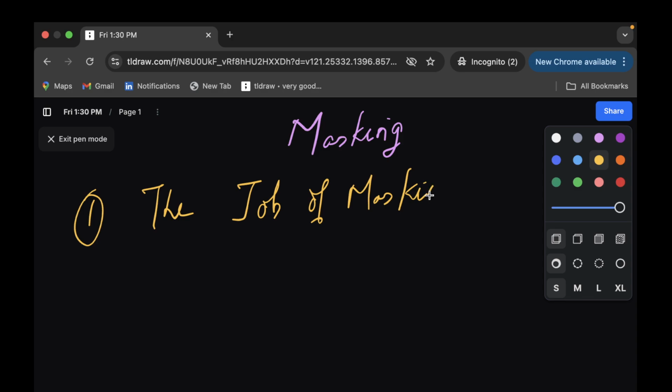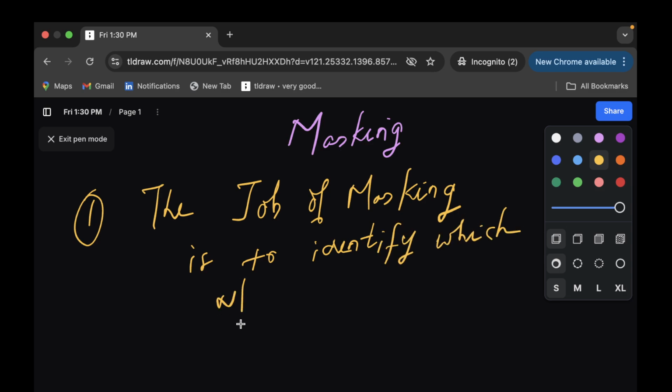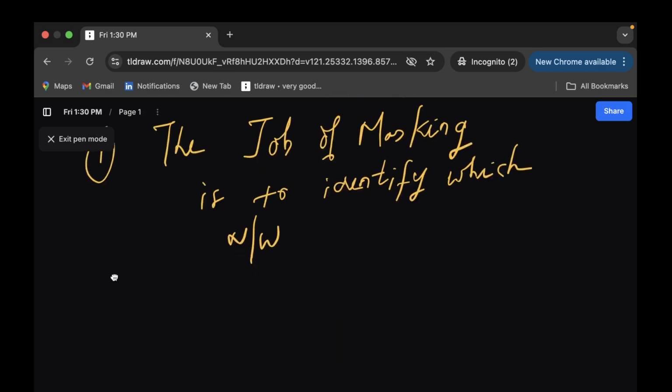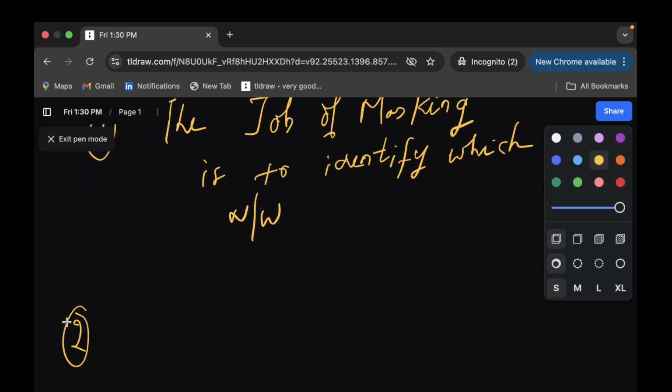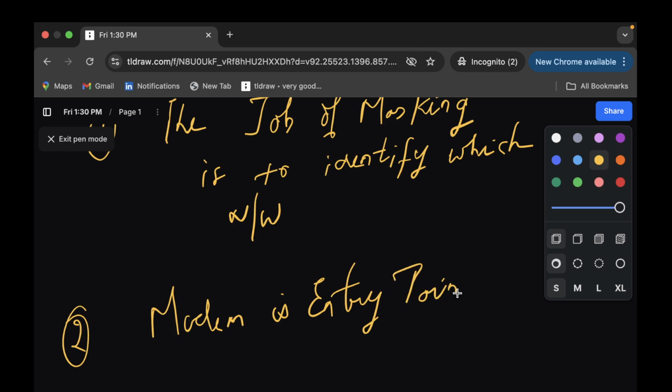First we need to enter the network, to identify which network I am going to, because the modem is my entry point. If we don't have the entry point, we won't be able to deliver the packet.